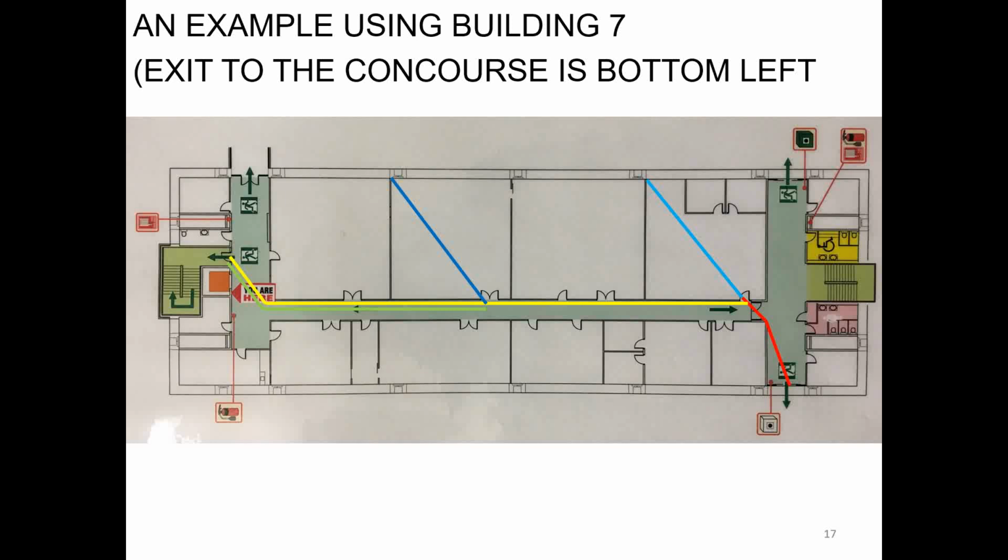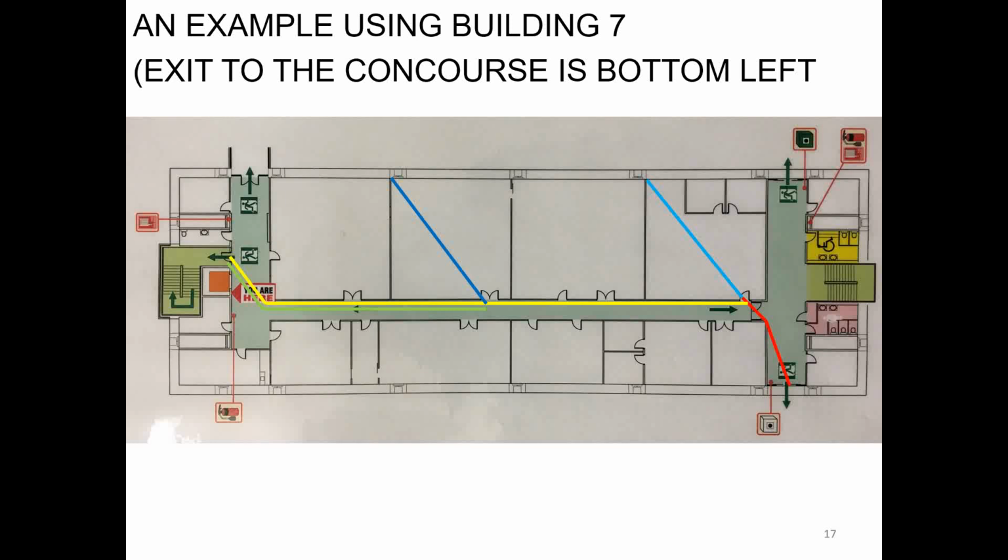So if we look at the light blue line on the right of the drawing, I've drawn the line from the furthest point from the door to the door. That light blue line is 14 meters. So it conforms because it is under 20 meters.